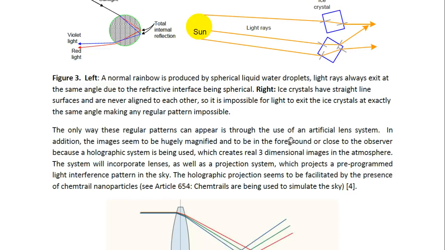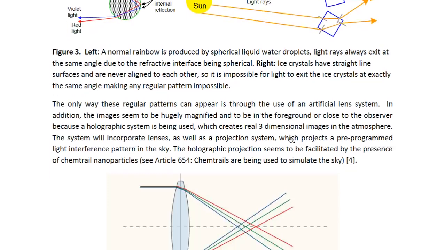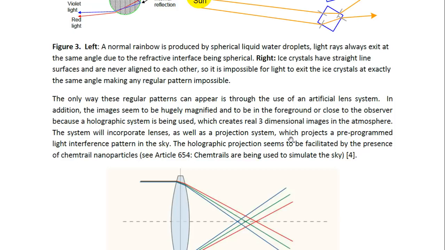The only way these regular patterns can appear is through the use of an artificial lens system. In addition, the images seem to be hugely magnified and to be in the foreground or closer to the observer because a holographic system is being used, which creates real three-dimensional images in the atmosphere.